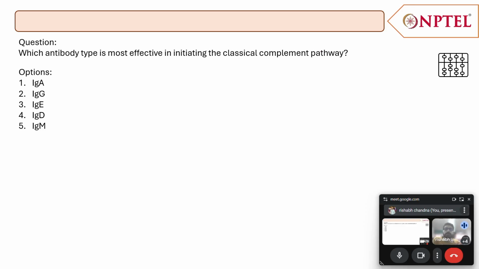Which antibody type is most effective in initiating the classical complement pathway? So, what can be the correct answer? So, yes, IgM is the correct answer because IgM is a pentameric antibody.